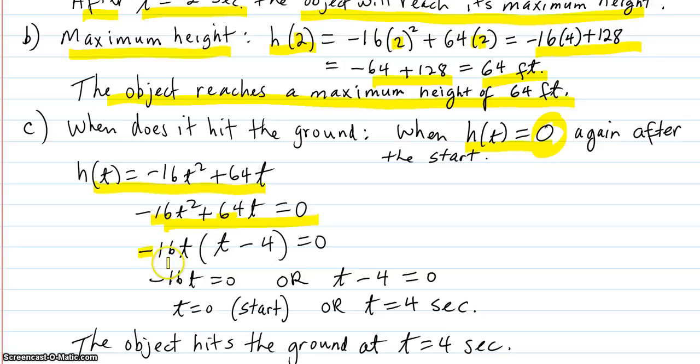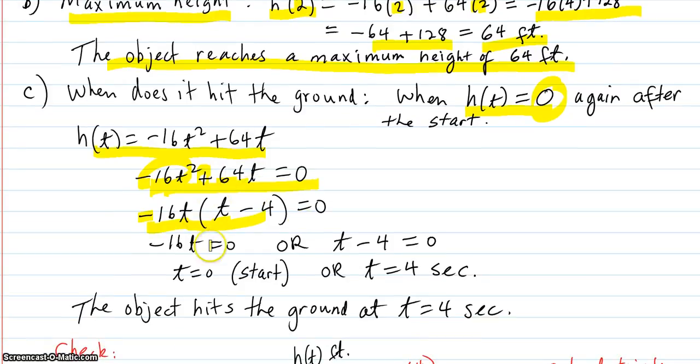So negative 16 comes out, and a t is common to both. So factor out negative 16t, and what's left in there is a t, so negative 16t times t matches up to this term, and negative 16t times negative 4 turns out to be positive 64t. Okay, so that's the factoring.